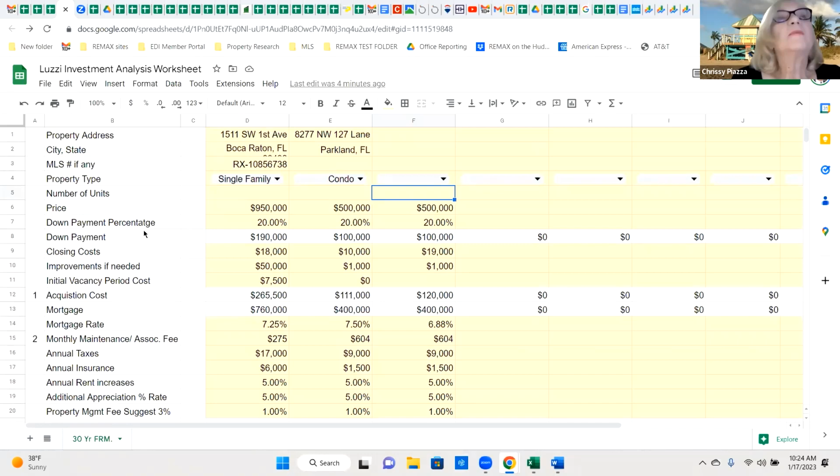Any questions? Yeah, it's Christy. I have a question. I see you have an initial vacancy period, but you're assuming it's 100% occupied for the rest of the period for 5 years? That's what I'm assuming, yes. Okay, with a condo, I would have a problem with that because it takes 30 days to get them approved. Actually, in this particular instance, there's no association approval.